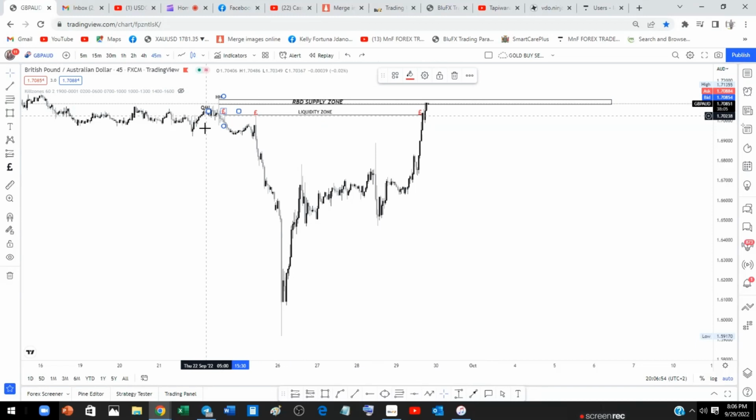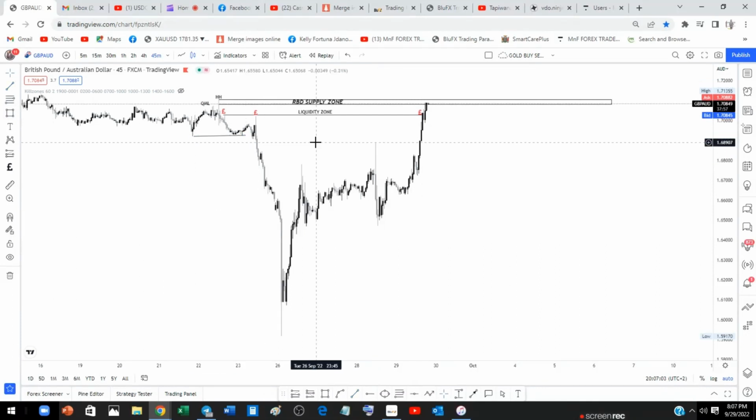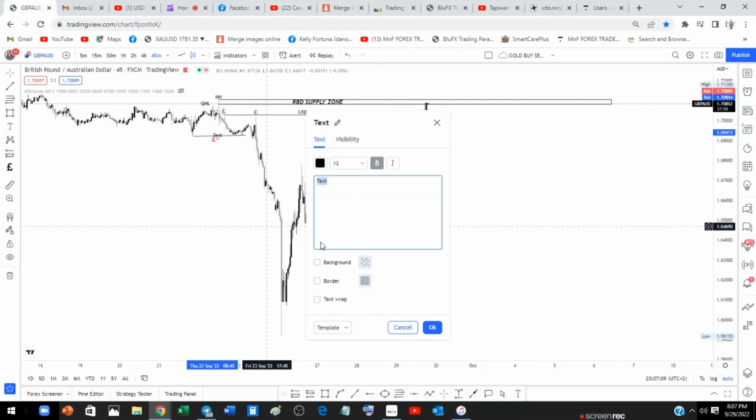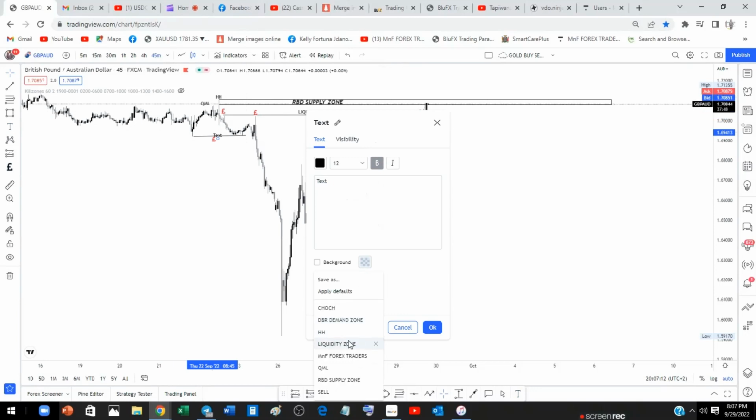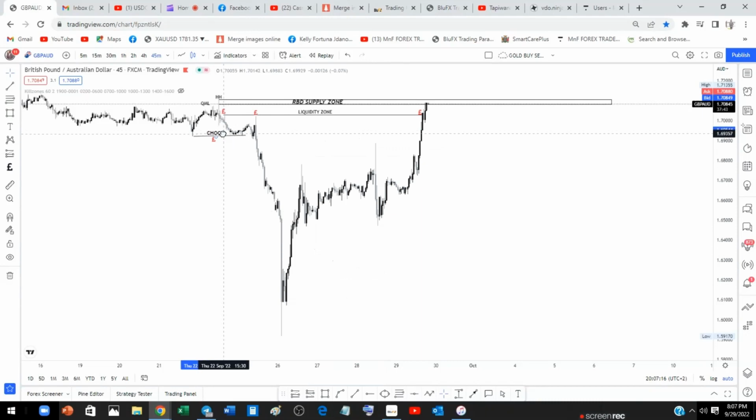We have a QML. Apart from that, we had a change of character right here. So we had a change of character at that particular level right there, which might signify potential change of the market direction, right?